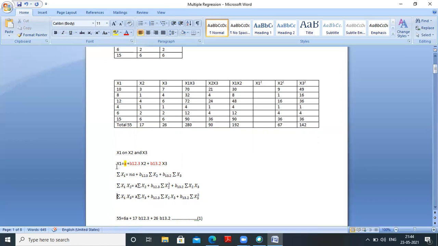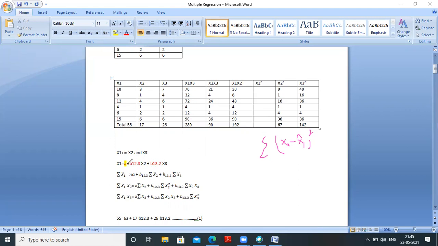What does the least square method of regression say? It says that the sum of squares of differences between actual and expected values should be minimum. That means sigma (x1 minus x1 cap) square should be minimum. If we have to minimize this, we will take the derivative of sigma (x1 minus x1 cap) square with respect to these three parameters.